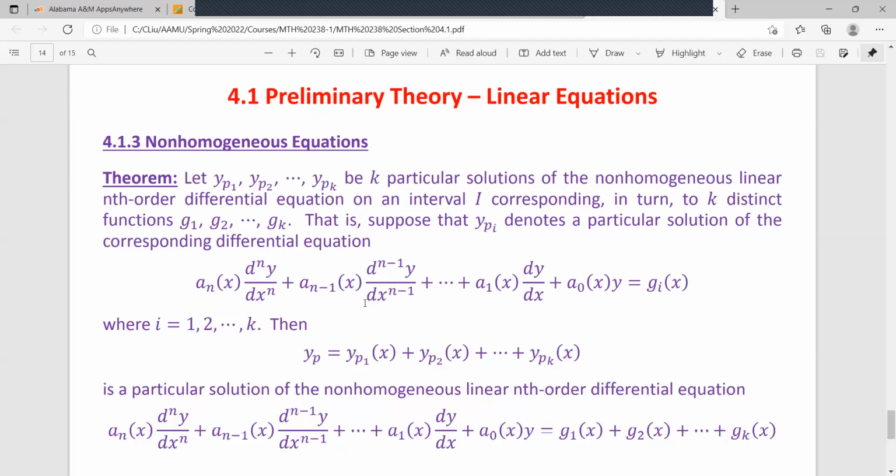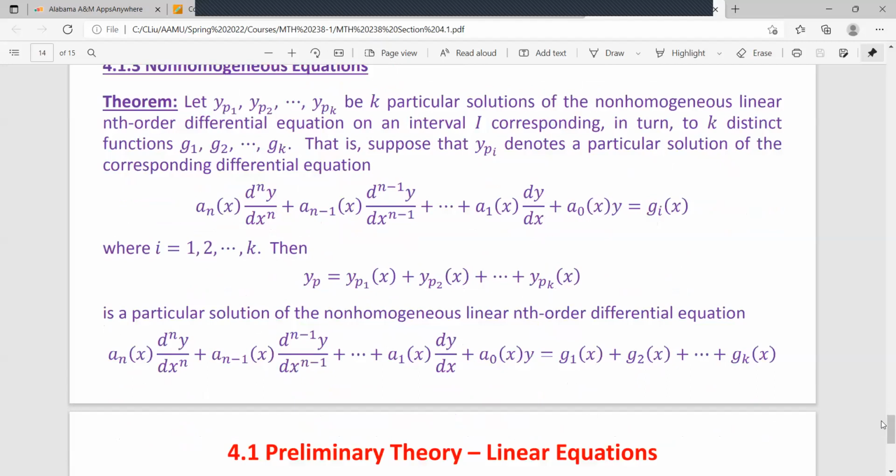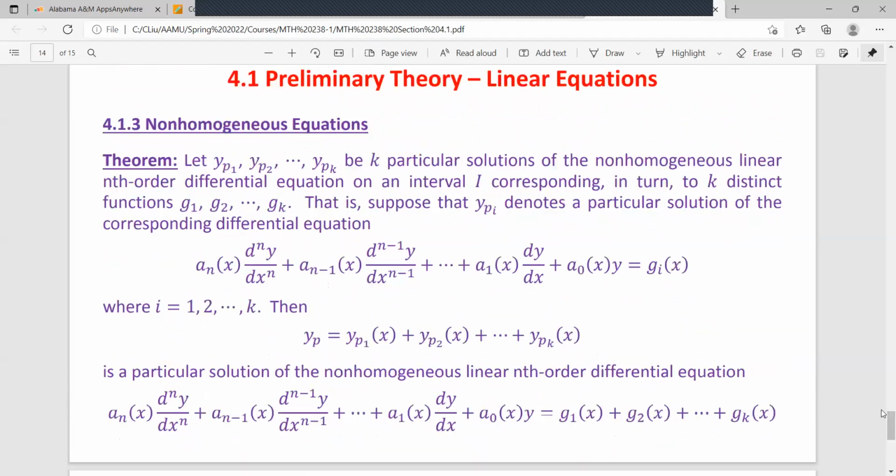Then if we want to find a particular solution of the non-homogeneous equation with the right-hand side the sum of all those functions g, you just need to add all those particular solutions, yp1, yp2 up to ypk.